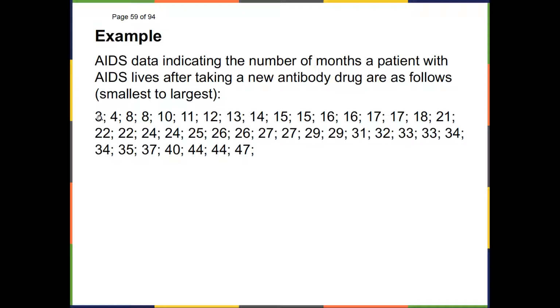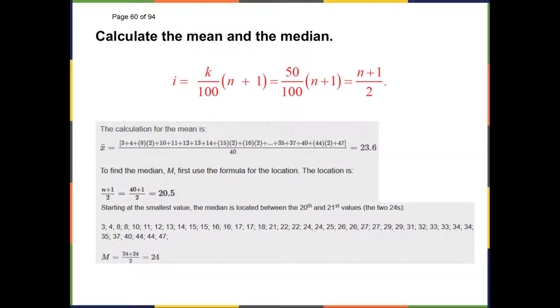Smallest is the fewest number of months that a person lives with AIDS, and highest is the most months after taking this new antibody drug. Okay, so we already know the equation for the mean: adding up all of our terms and dividing by how many data points we have.